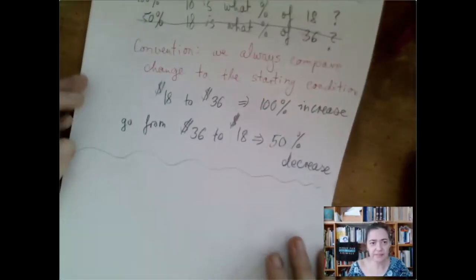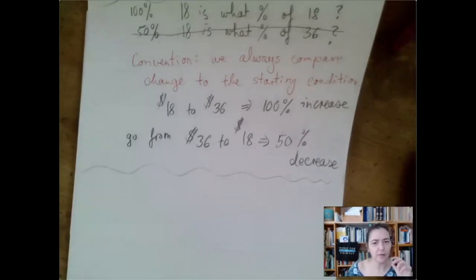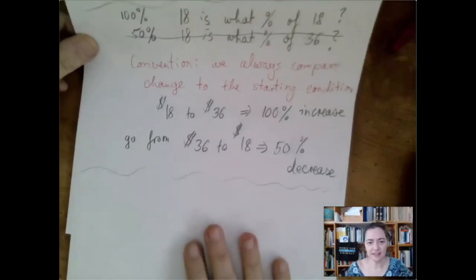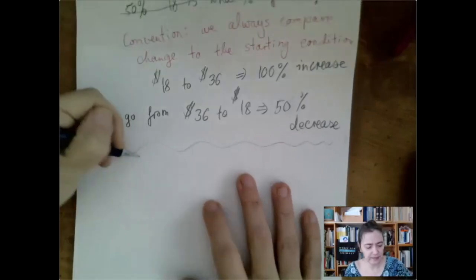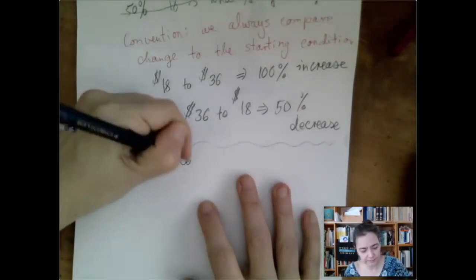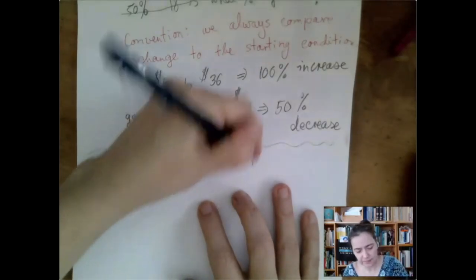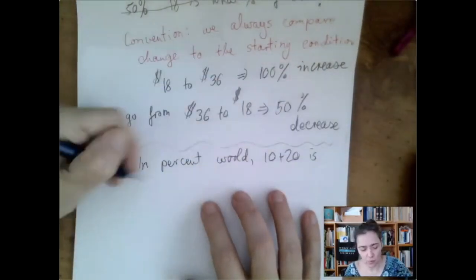And then things are even worse. I think you have seen already compound interest, when we got 3% of our money, and then the next year it was still 3%, but of a bigger base. So here is another tricky thing, and this is going to be a little journey. In percent world, 10 plus 20 is more than 30.